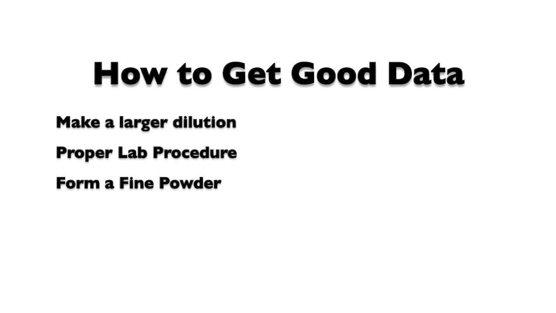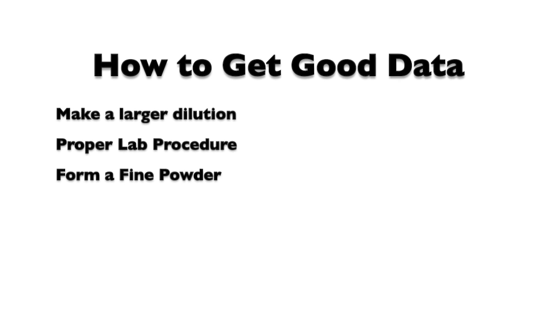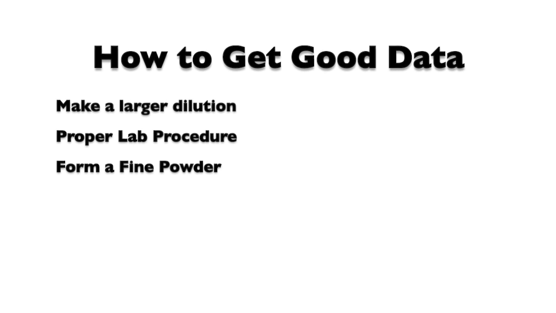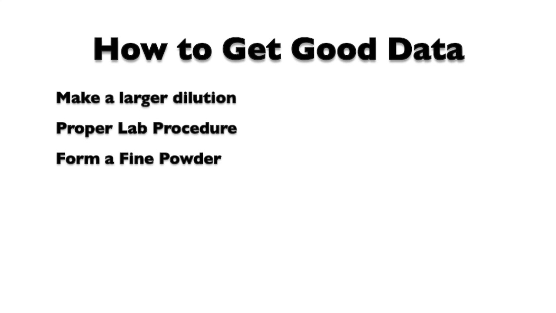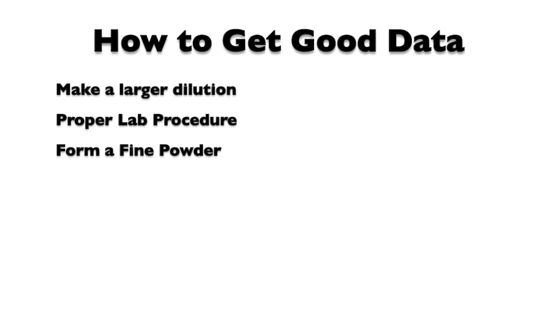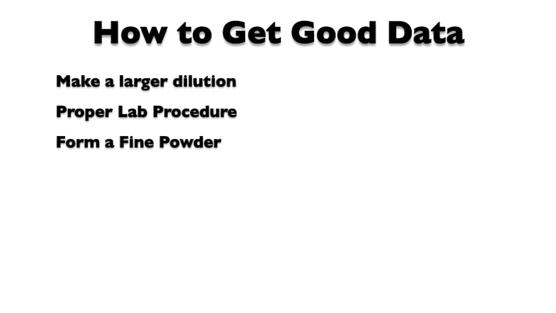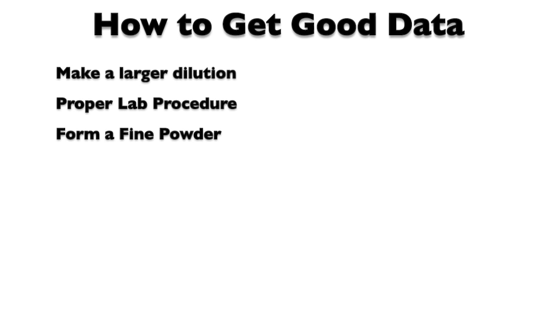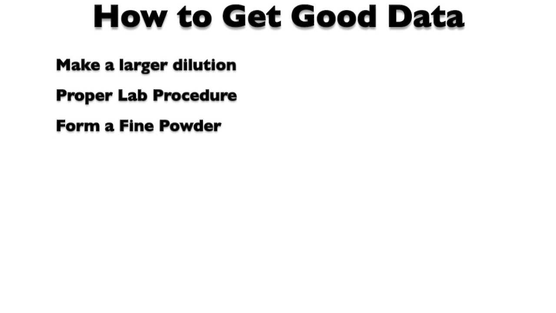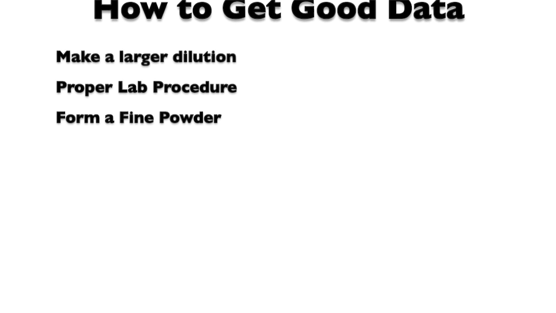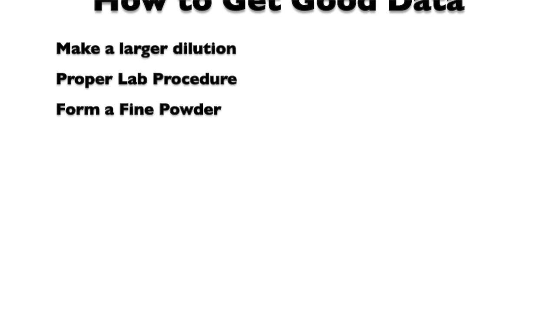Of course, to achieve good data, you should follow proper lab procedures, such as making sure that all your materials are clean of any excess or unneeded chemicals from other prior experiments.